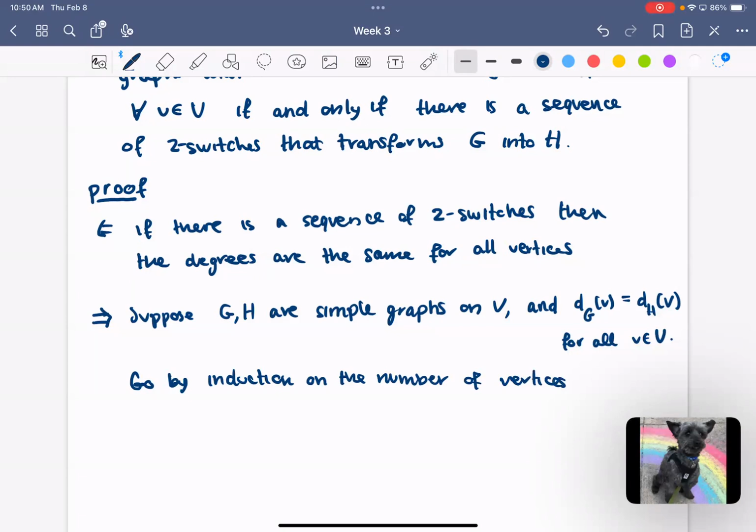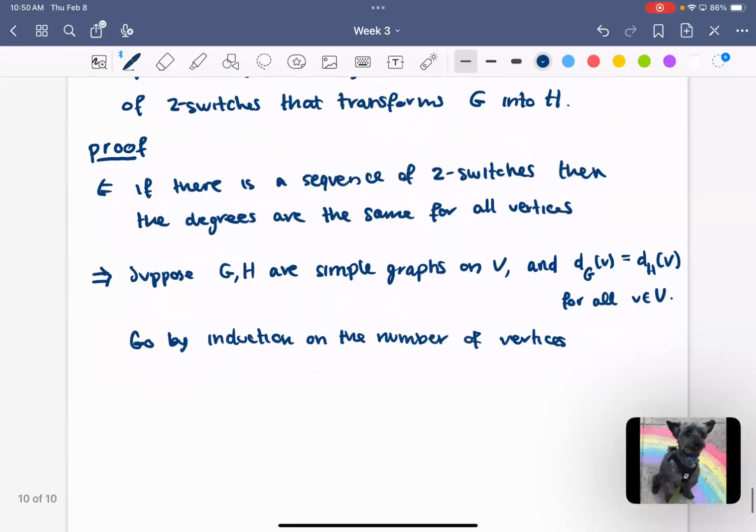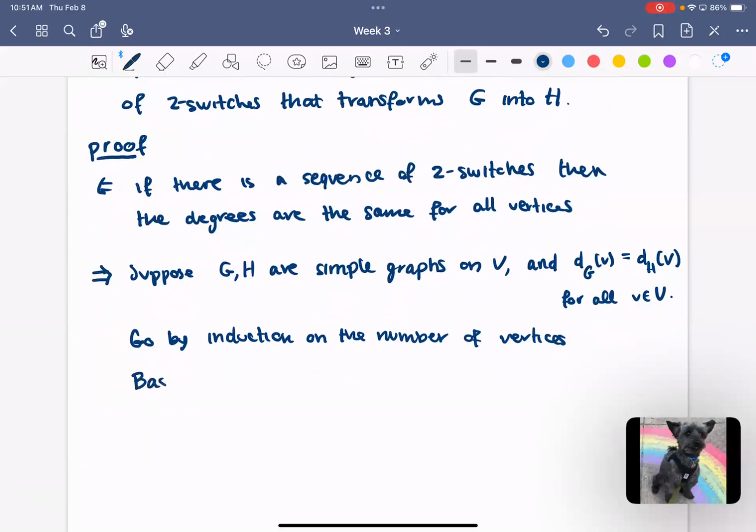So what should our base case be? Yeah, so let's consider one vertex. So in this case, there is exactly one graph. So that means that G and H would have to be the same graph.